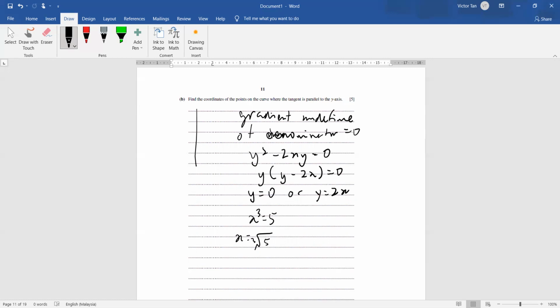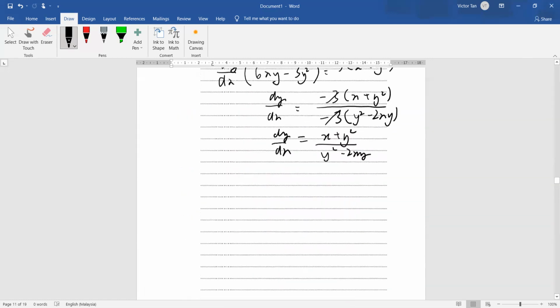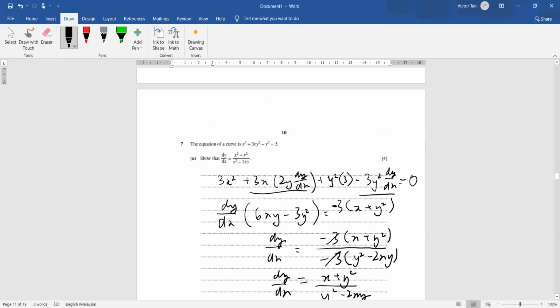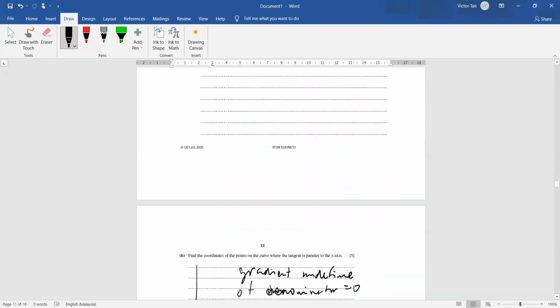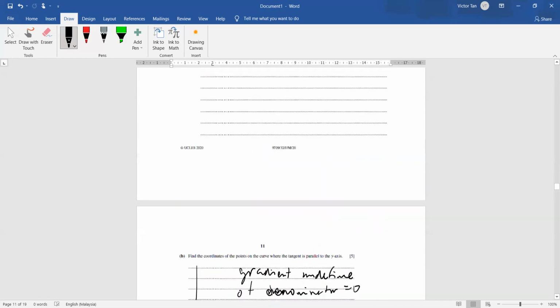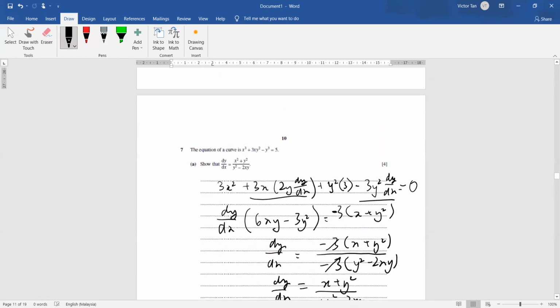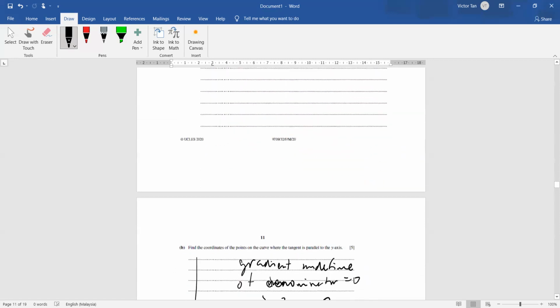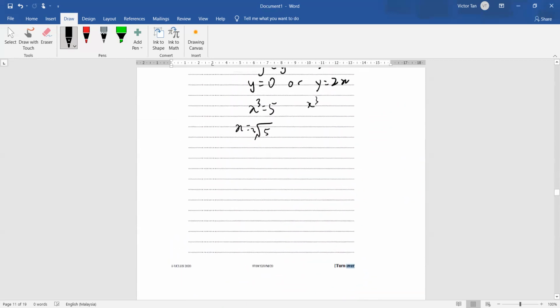Now the other solution is when y equals to 2x. Substituting y equals to 2x, you get x cubed plus 3xy squared, which is 12x cubed, minus y cubed, which is 8x cubed, equals to 5.